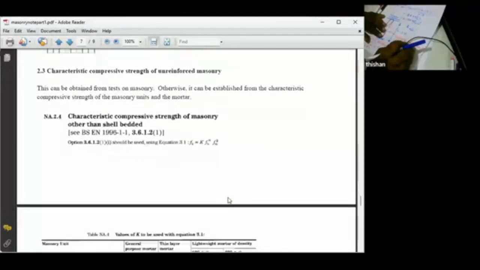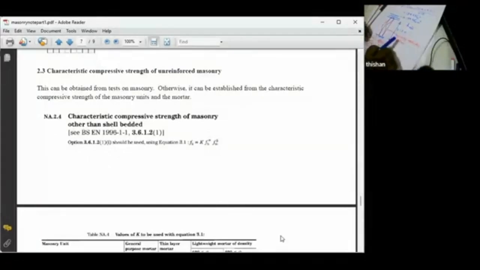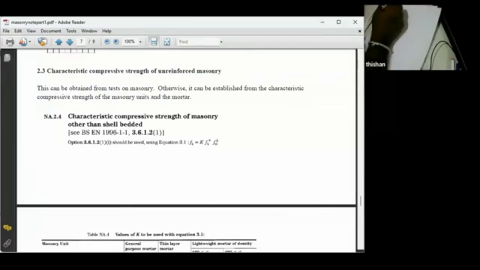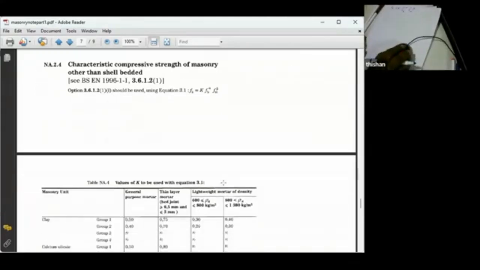So the strength is given by fk equals K times fb to the power alpha, fm to the power beta. And if you look at the value of K, it is 0.5 for group 2 constructed with general purpose mortar.